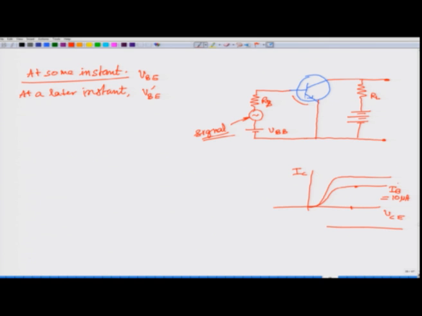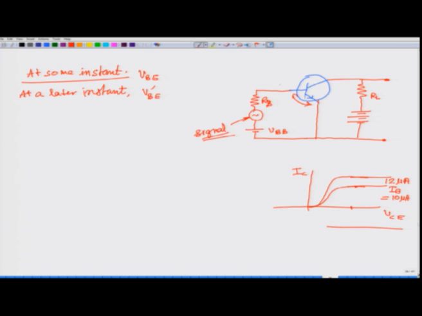If this goes from, let us say, 10 microampere to 12 microampere, if you are going from this characteristics to this characteristics, has VCE changed? Think carefully. Because of the signal, this biasing of emitter base junction has changed, VBE has changed.